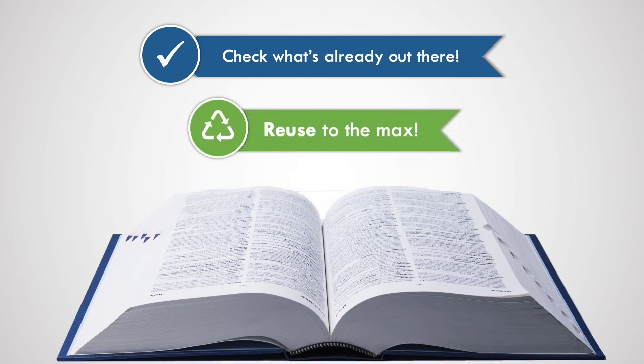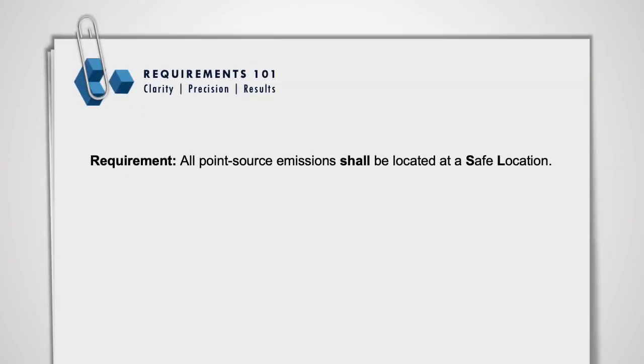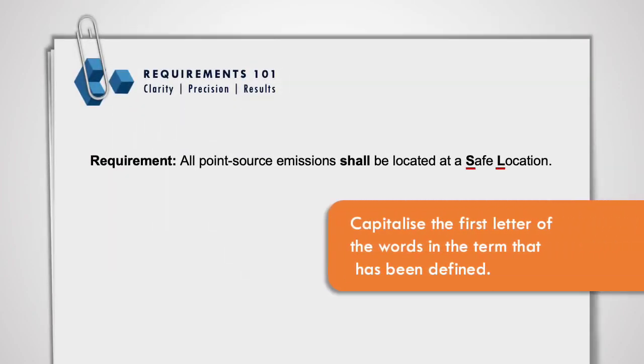So, as with abbreviations, our instinct should be to check for what's already out there and then reuse to the max. One final point. When using defined terms, how can we trigger the reader of our requirements of the fact that we have defined a specific term for them to use? Let's return to this requirement. One approach is to capitalize the first letter of the words in the term that has been defined.